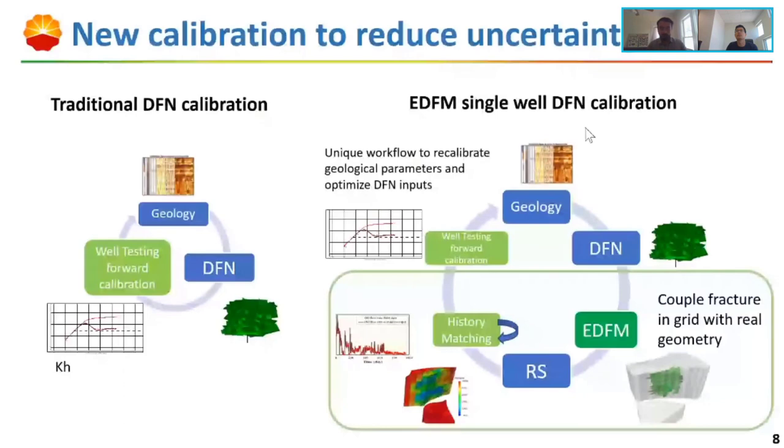People dealing with reservoir simulation are very familiar with this. The only intermediate step that we're having here is that the DFN, thanks to the EDFM, is providing an additional complexity within the geometry that actually captures the dynamic impact of the fractures in the reservoir simulation. Next slide.